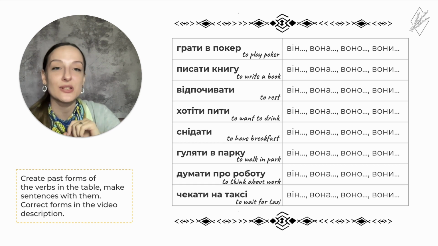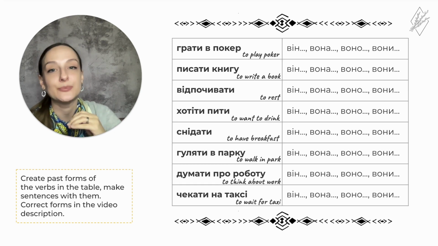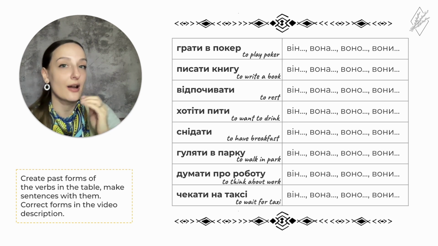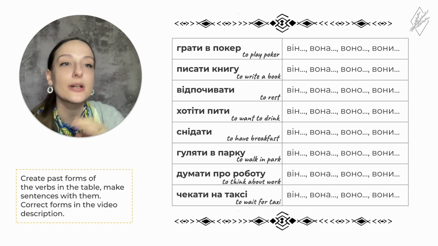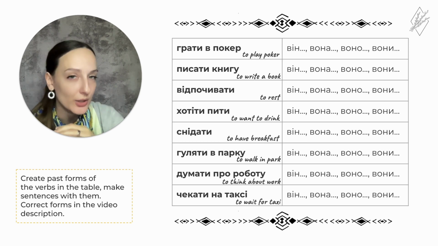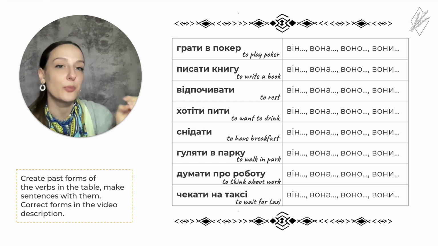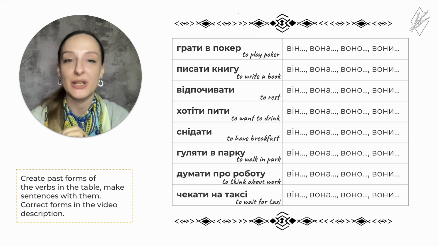Also, it would be good if you could write some sentences as examples. For example, грати в покер, to play poker. Він грав в покер, вона грала в покер, воно грало в покер, вони грали в покер. And then to make a sentence. Він грав в покер вчора ввечері. So this will be a good practice.